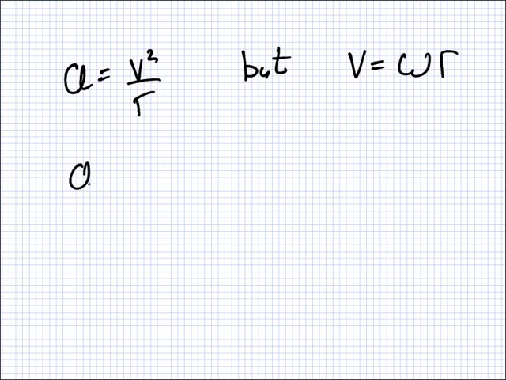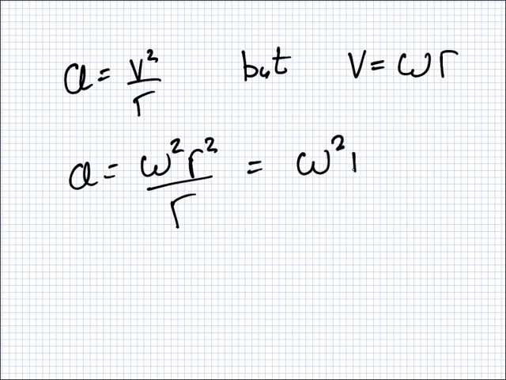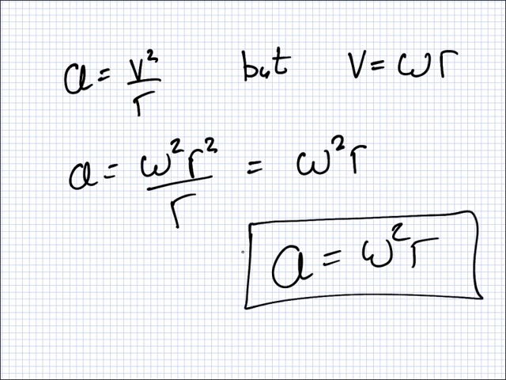So you can have A equals omega squared r squared over r, which equals omega squared r. So there's another formula for A, omega squared r. What is omega, please? The angular velocity.